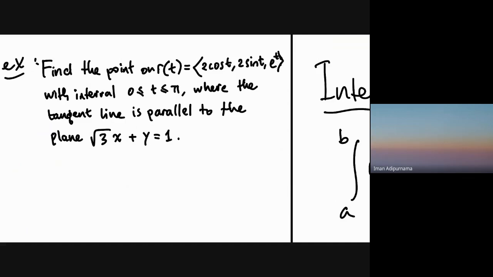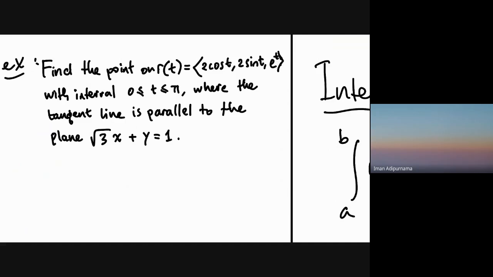The first thing is you need to know what the question means. You need to find the point on the vector function, which can change in position, but it needs to be the point where the tangent line is parallel. That's the key, the parallel.